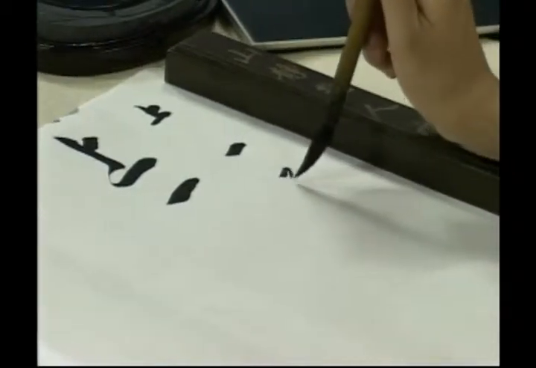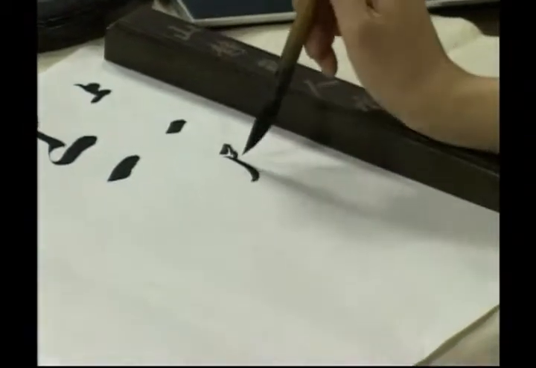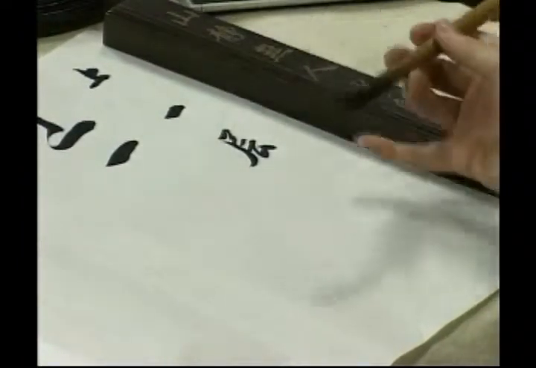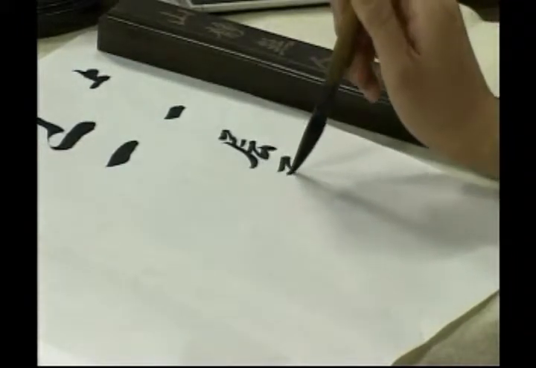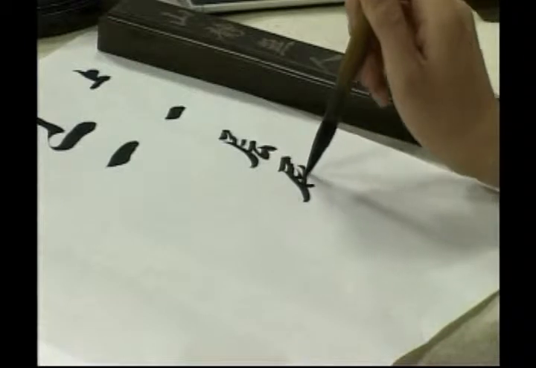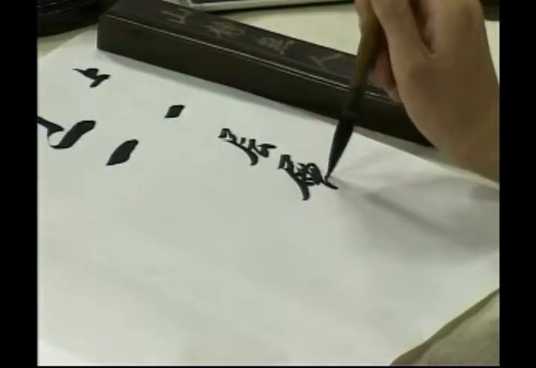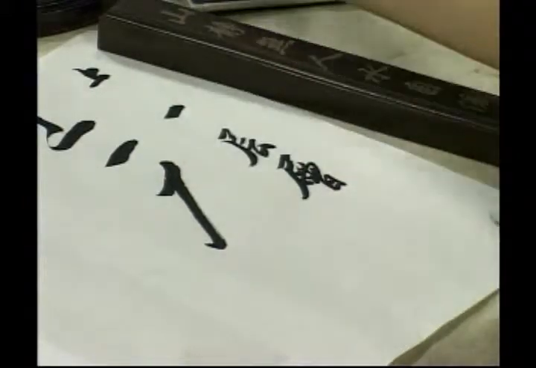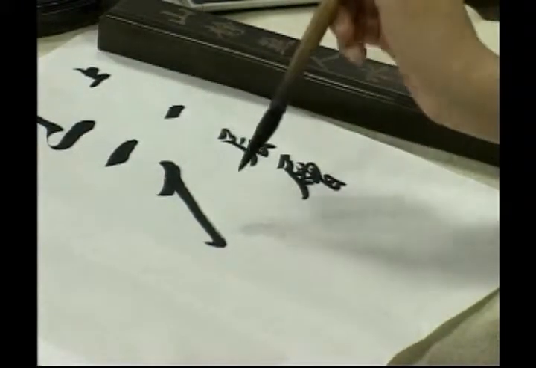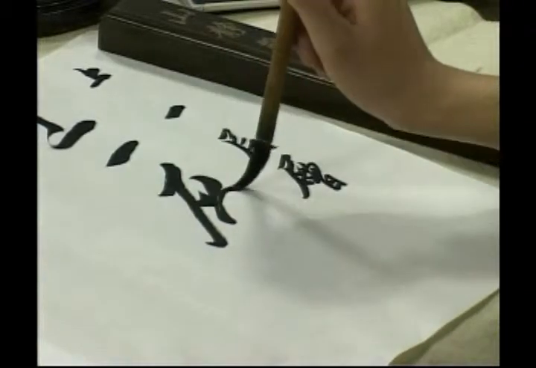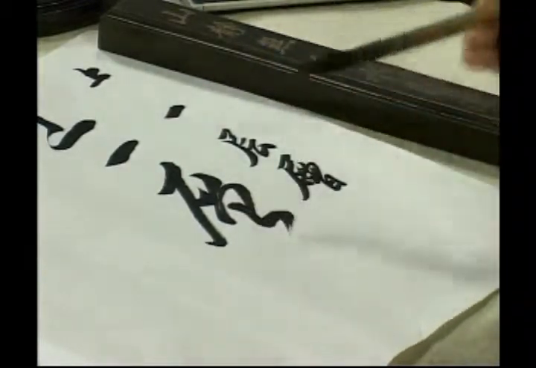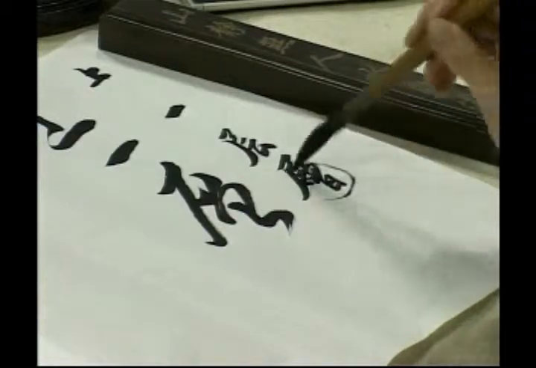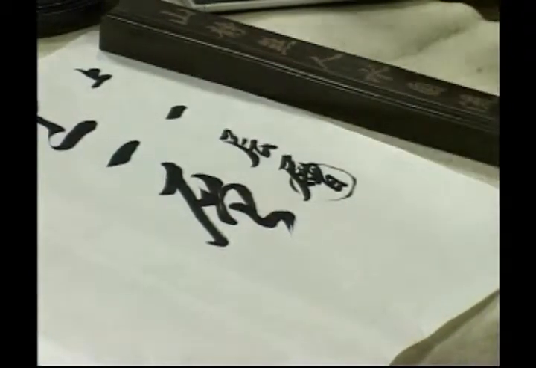层. How are we supposed to simplify and write this one? This stroke represents the top portion. This stroke represents this part. 层, 楼.